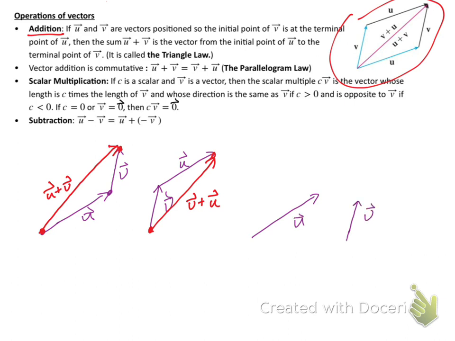And well, I think the v is a little bit longer. If v is that way, negative v will be same length, reverse direction. Then u minus v will just be u, then negative v. So this will be u minus v. You go u, then you go negative v.